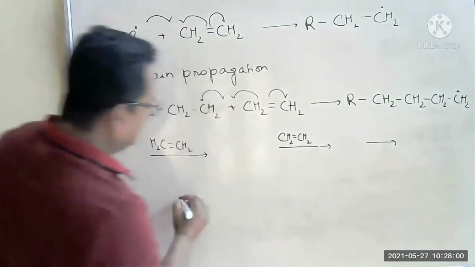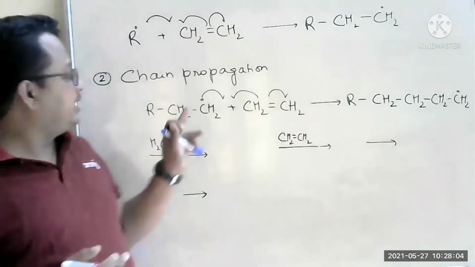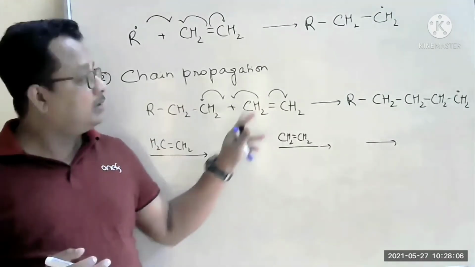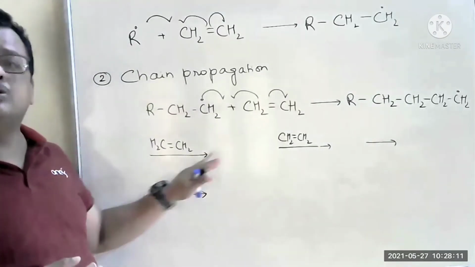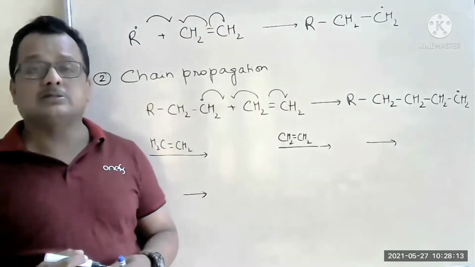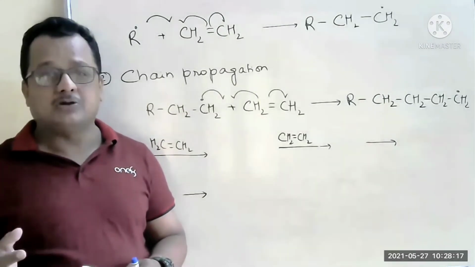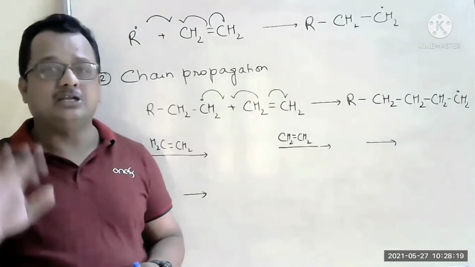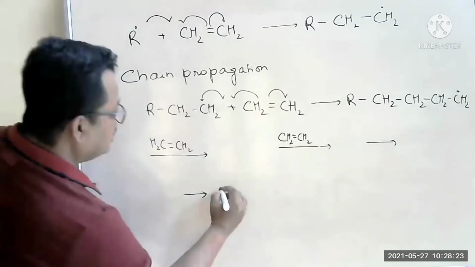And this process will continue. The newly formed free radical will add to another monomer to give another free radical. That free radical will add to another monomer to give another free radical. And in this process, thousands, millions of monomers will be incorporated into the polymer chain to give you a linear polymer.